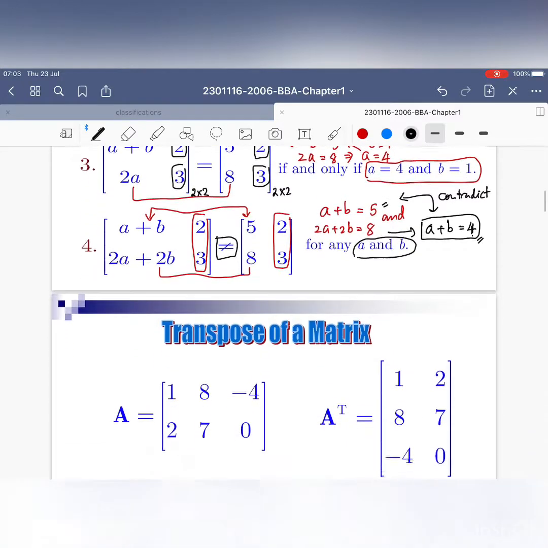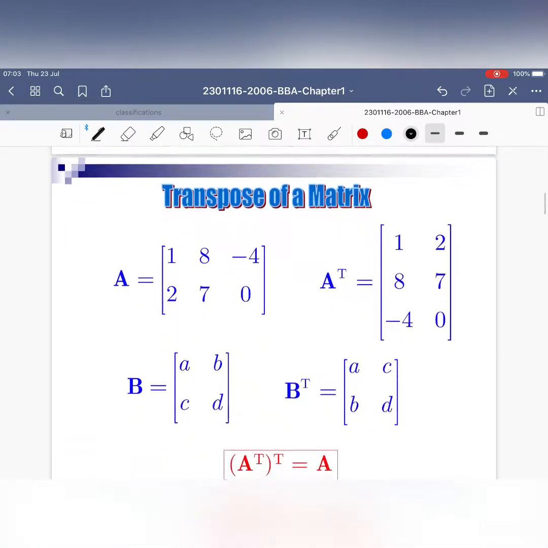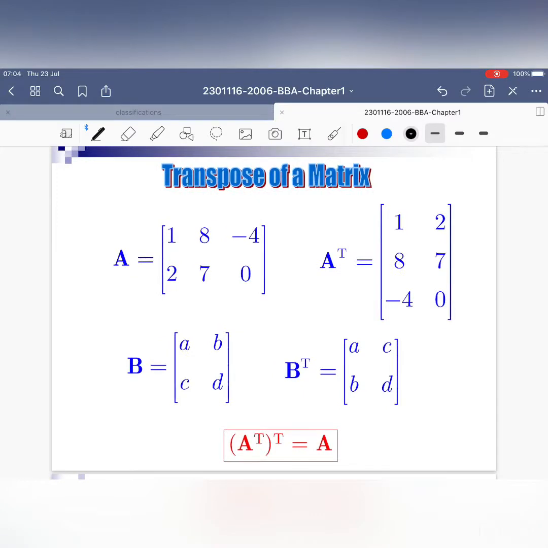Another operation of a matrix which you are going to encounter is called the transpose of the matrix. Pose means position. Trans means change.